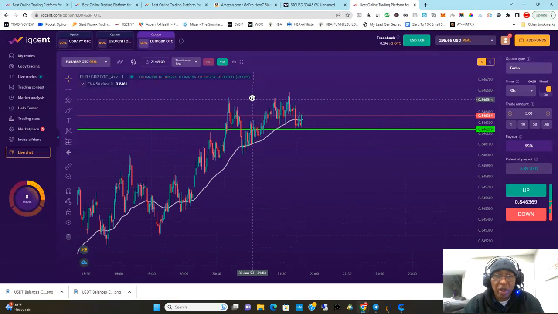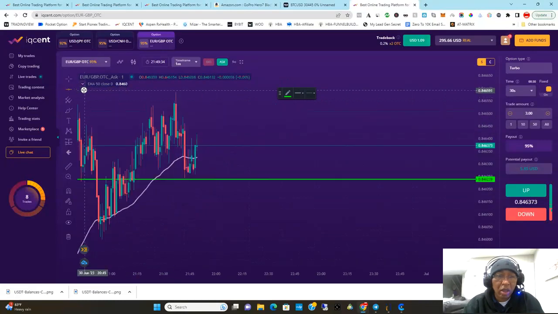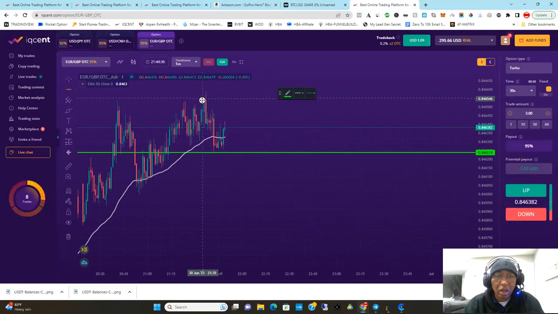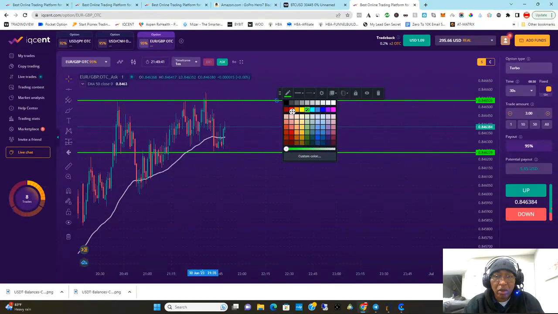Okay, you could also find another point of interest up here. That means we will push down when they come to that line. Okay, so we can have another line here. And there we go, change the color to red.